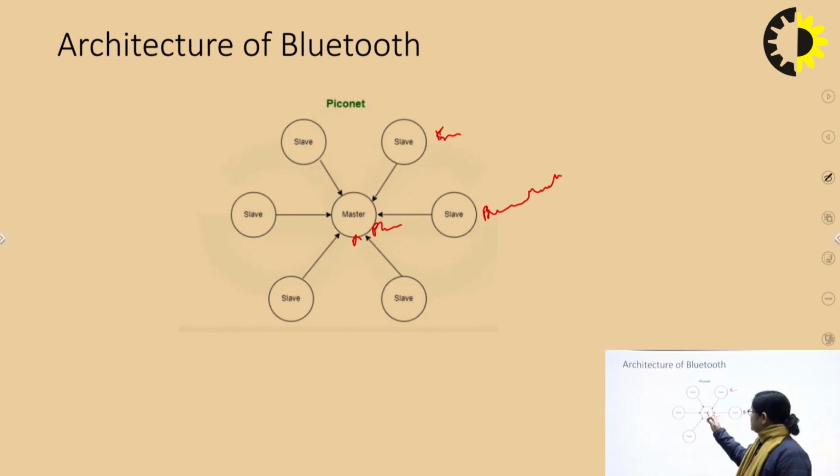Our connection can be one to one, or one to many, but it cannot be between slave to slave. This connection is not possible. The master should be there for connecting. Communication between slave to slave is not possible in Bluetooth.